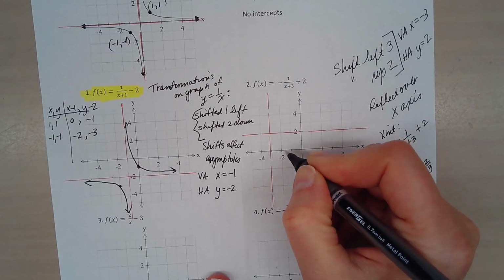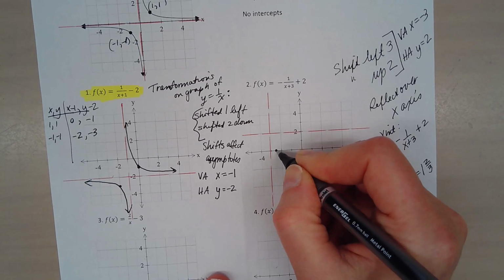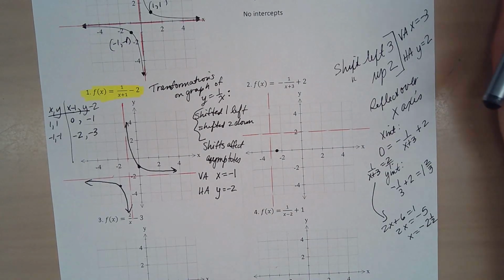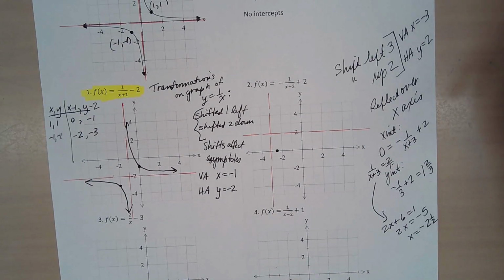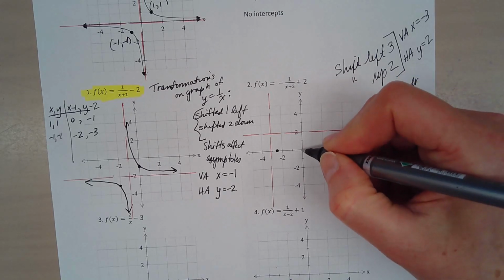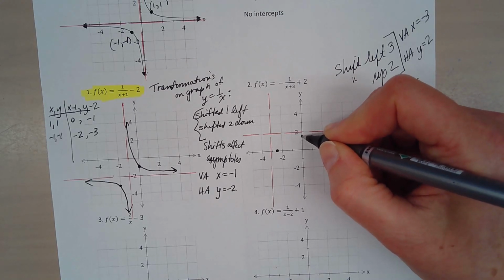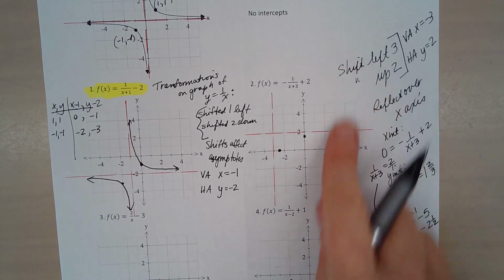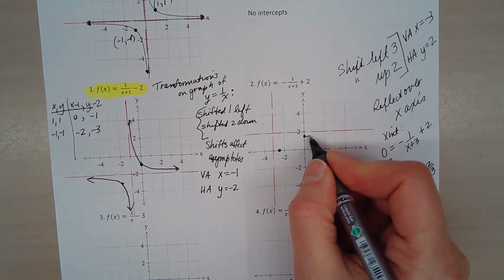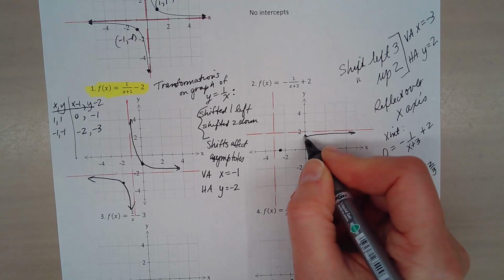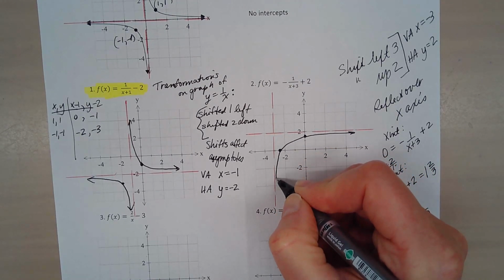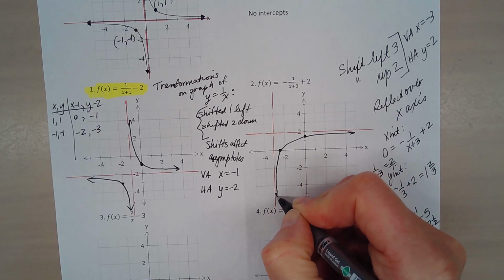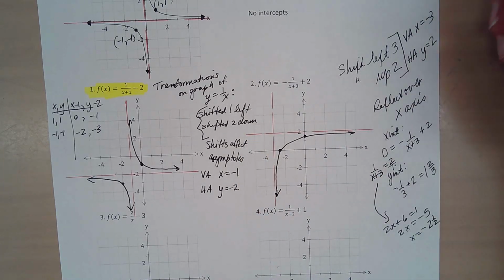So negative 1, negative 2, negative 2.5. And my y-intercept is 1 2/3, so 1 2/3 about here. Okay, so I think I clearly know what's happening over on this side. I just don't know what's happening on this side.